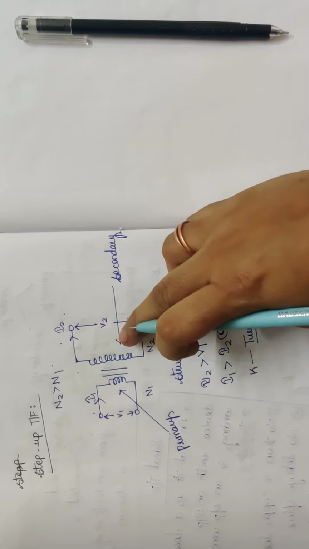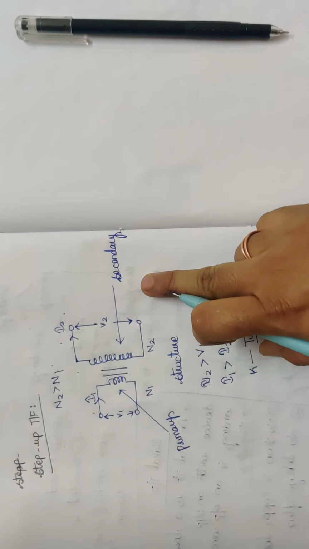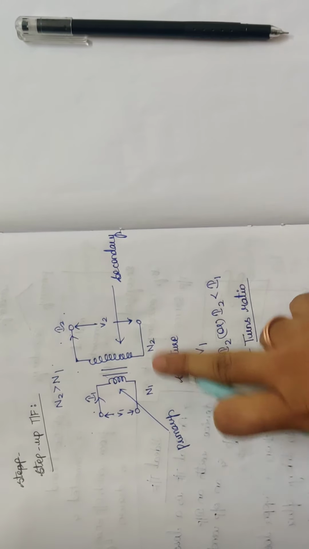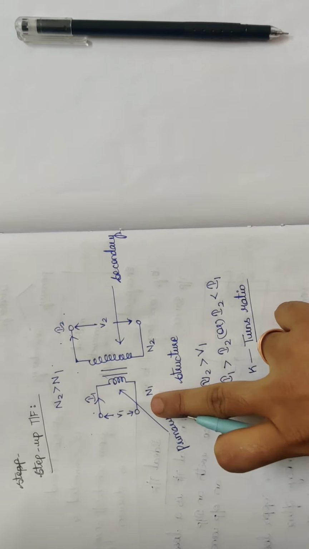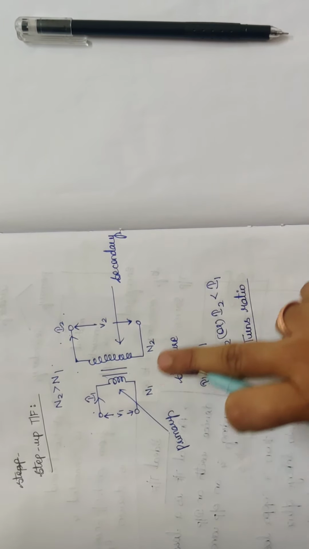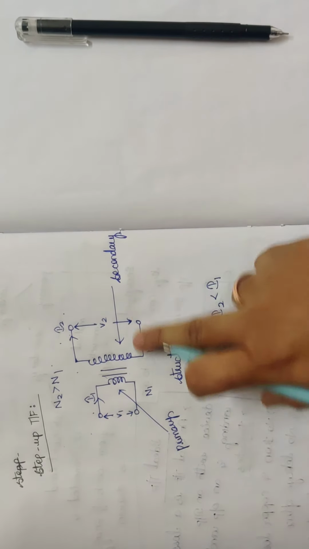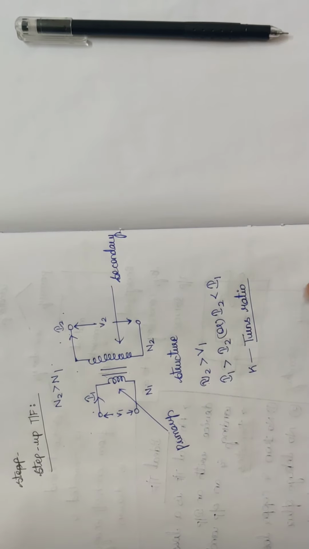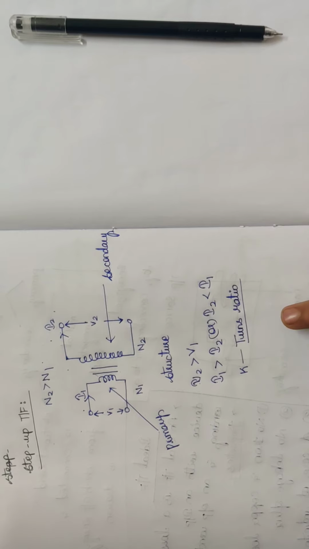If there are more turns on the secondary winding compared to the primary, then we can call it a step-up transformer. This is shown in the figure.